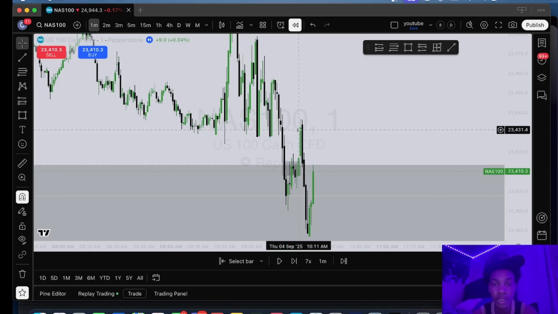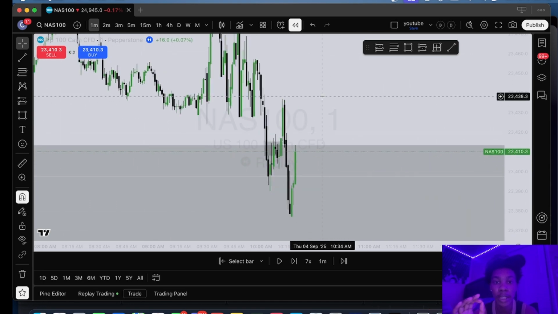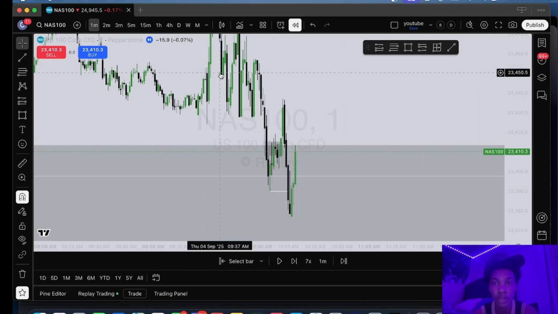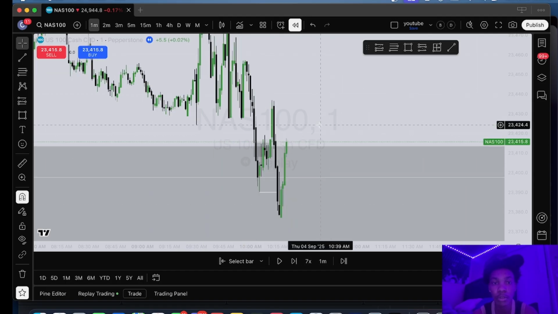We did end up inversing, but this is something I would not take because that first leg can sometimes be suspect, especially when there's slow volume. So we're going to go ahead and wait for a resweep, which is what happens. We get internal liquidity swept, and then we end up inversing right there.